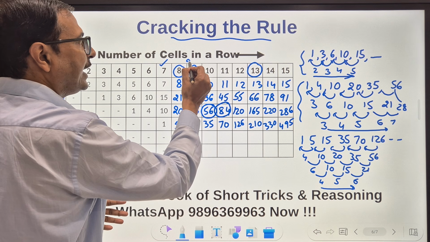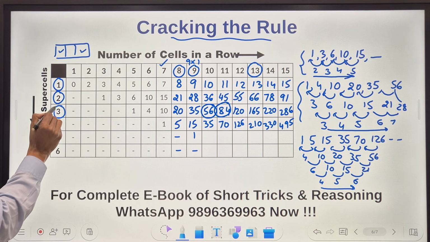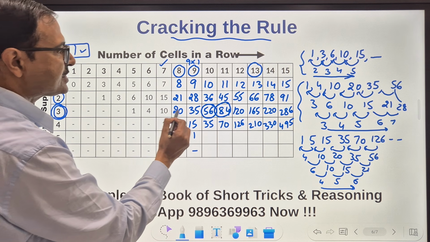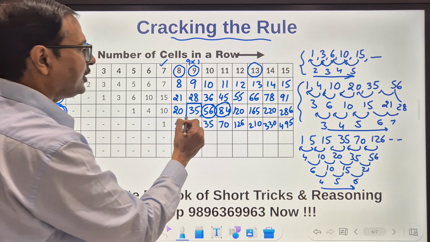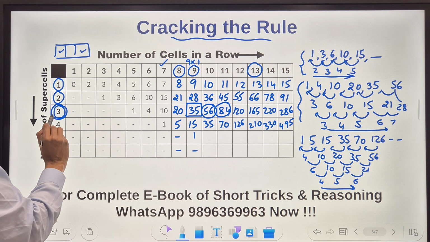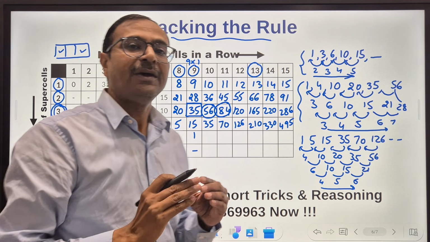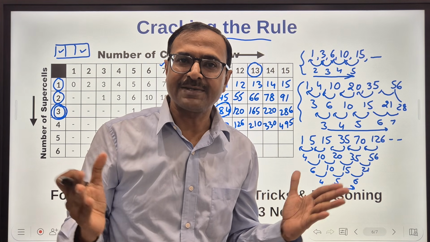If you do a 9 by 1 grid and you want to have 3 supercells, you need to understand that there are 35 different combinations through which you can get 3 supercells in a 9 by 1 grid, and that itself is a task.